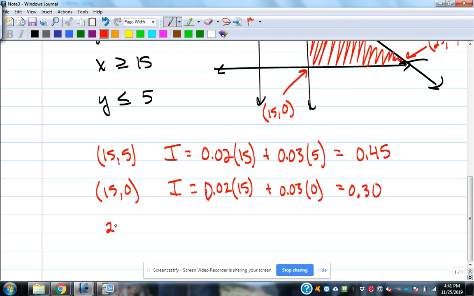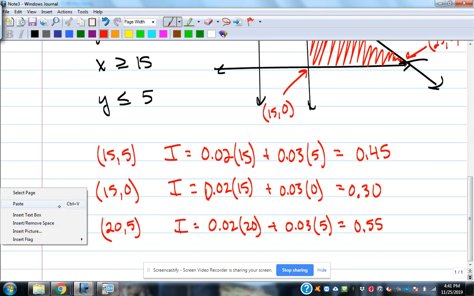And then 20, y value of 5, I'm going to plug that in there. 20 for x, 5 for y. It's going to be 0.4 plus 0.15 is 0.55.